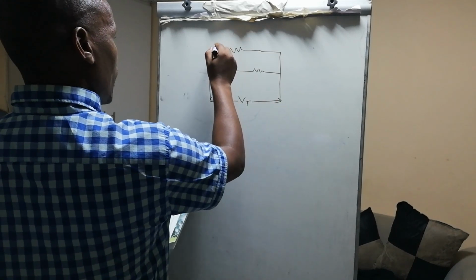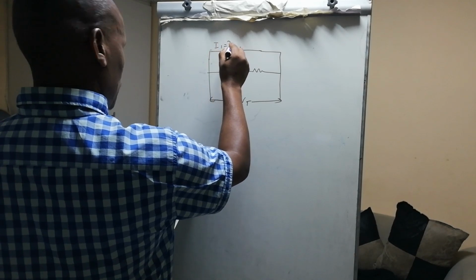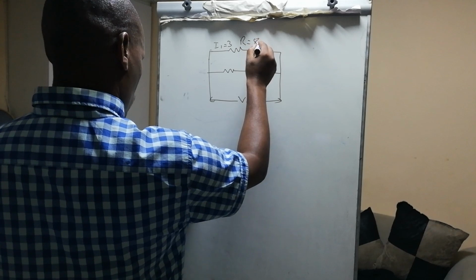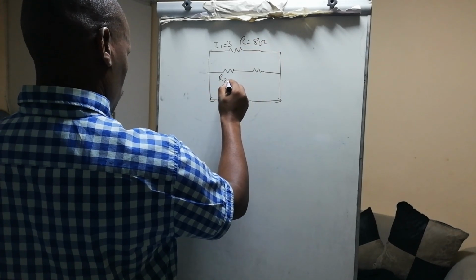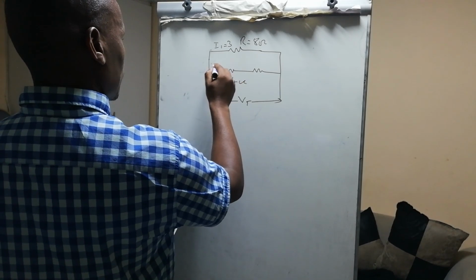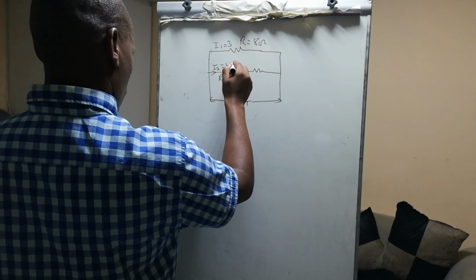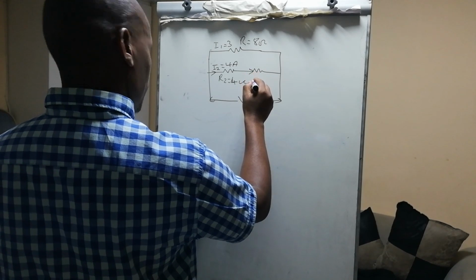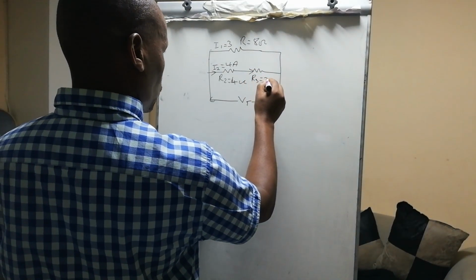They say I1 there is equal to 3. This resistor here is equal to 8 ohm. They say R2 is equal to 4 ohm. This current here, I2, is equal to 4 amps. And then they say R3 is equal to 2 ohm.